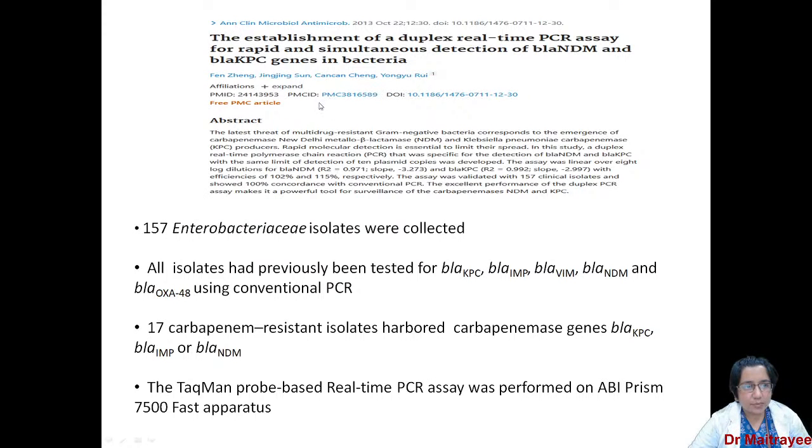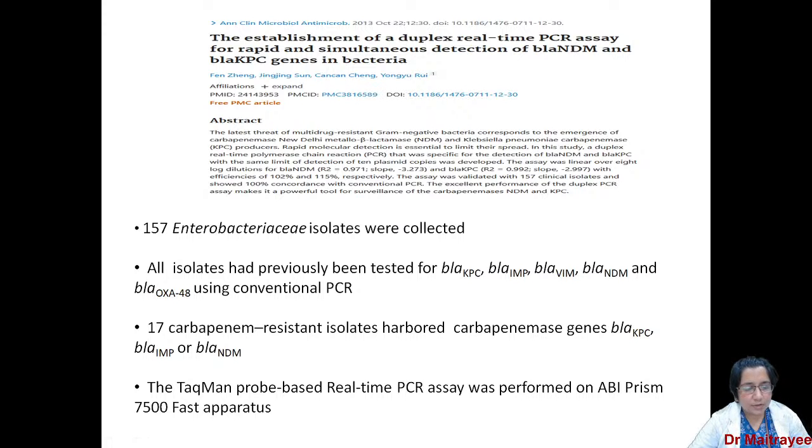This is a study done by Zheng et al., published in Annals of Clinical Microbiology. In this, they describe the establishment of a duplex real-time PCR assay for rapid and simultaneous detection of NDM and KPC enzymes in bacteria. 157 Enterobacteriaceae isolates were collected.